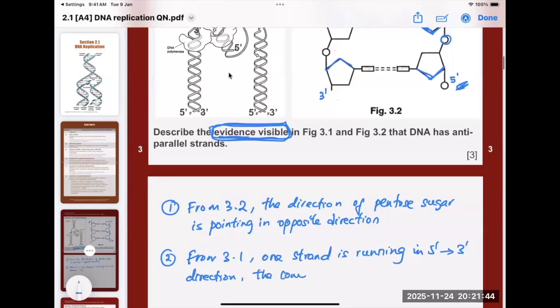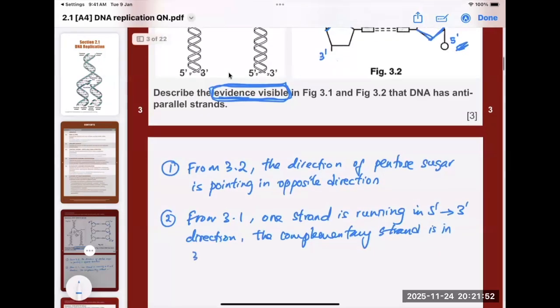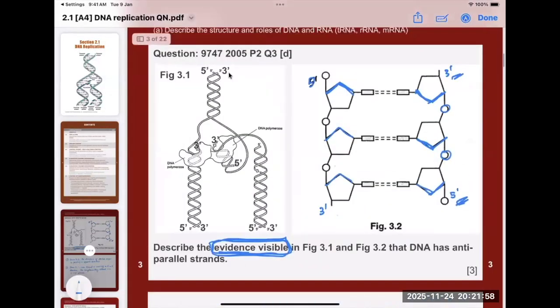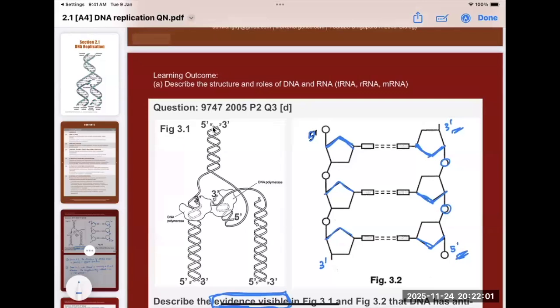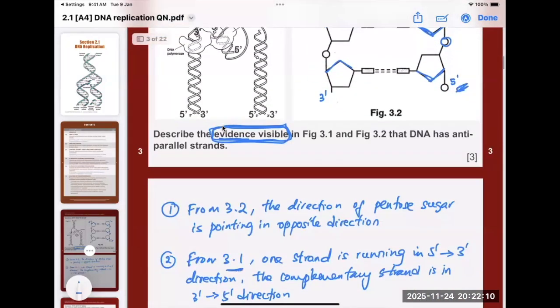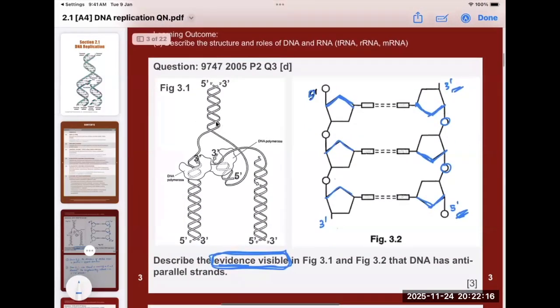The complementary strand is in 3 prime to 5 prime direction. So here the picture tells you, you see this strand 5 prime, the other strand 3 prime. Why I put this, that means I tell them where I get the thing from. So you see here one strand is going 5 prime, 3 prime. The other, the complementary strand of the DNA, is 3 prime, 5 prime.